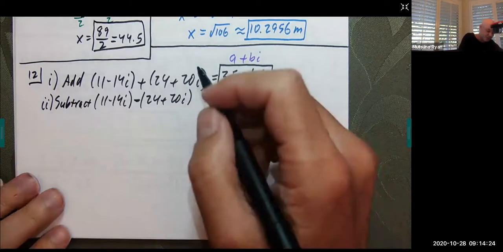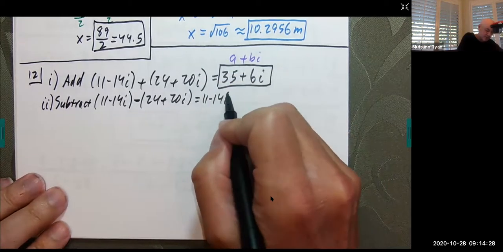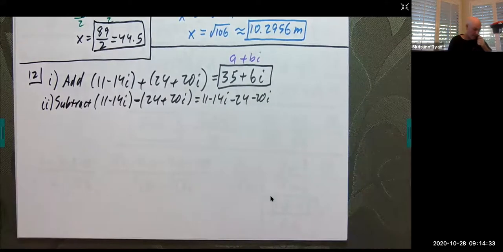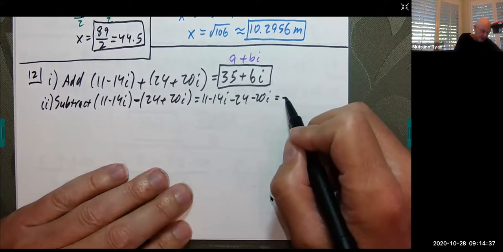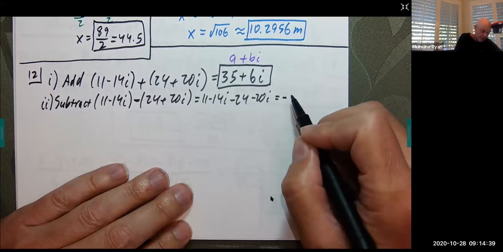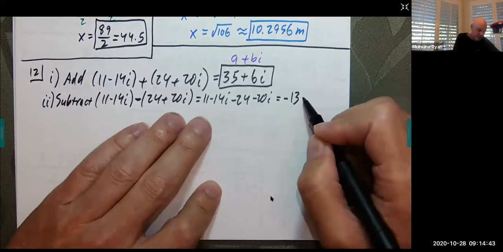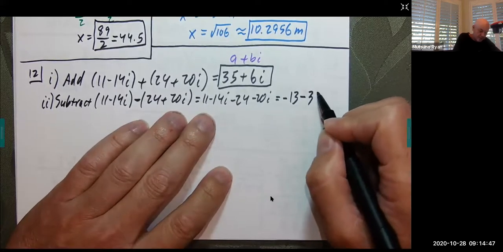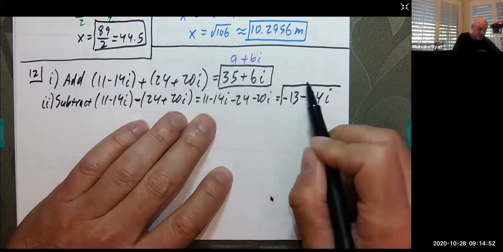The addition, not so much, but the subtraction, it does. And 11 minus 24 is going to be a negative. Let's see, that's 13. And here, I'm going to get, let's see, that's 34i. And once again, you can see we are writing it in a plus bi form.